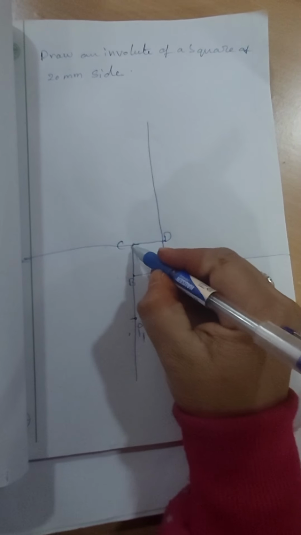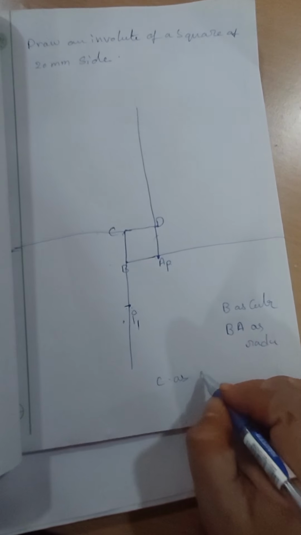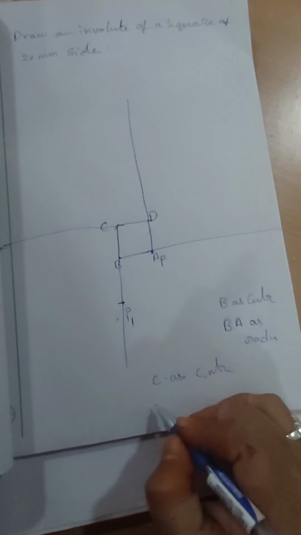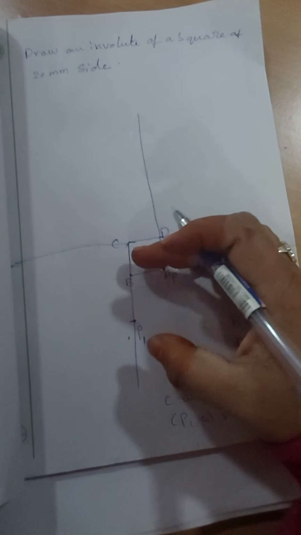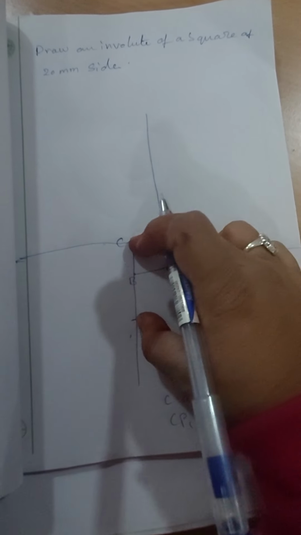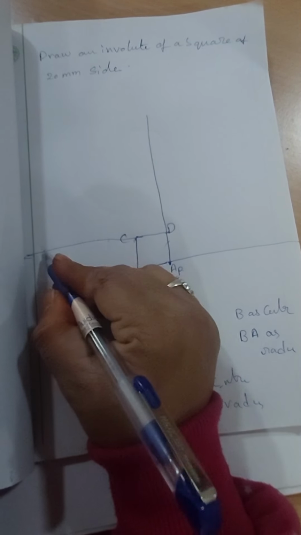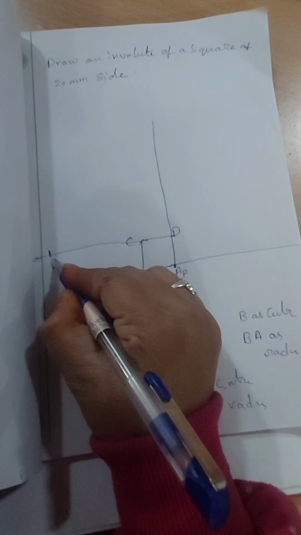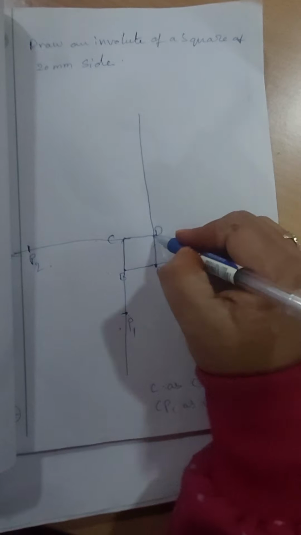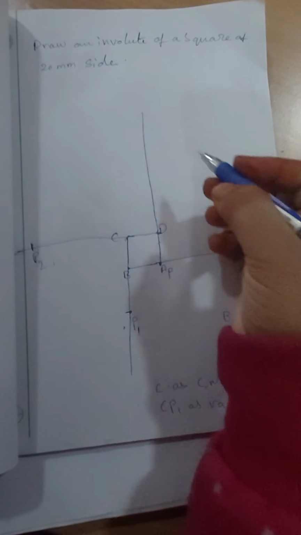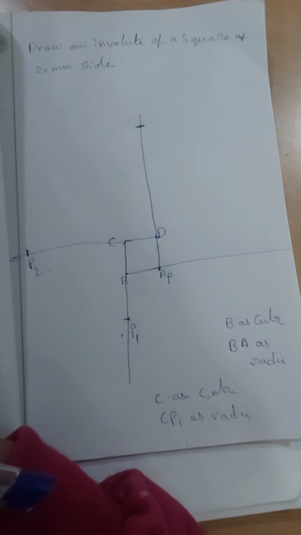Next, with C as center and CP1 as radius. With the help of a compass, measure the distance CP1 and from C draw the arc on the line which is extended from CD. This will be P2. Next, with D as center and DP2 as radius, draw the arc on the extended line of D. This will be P3.